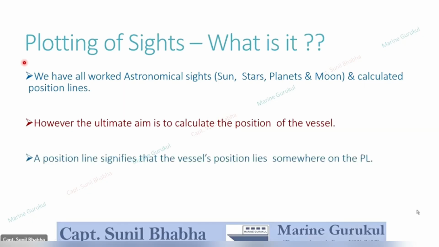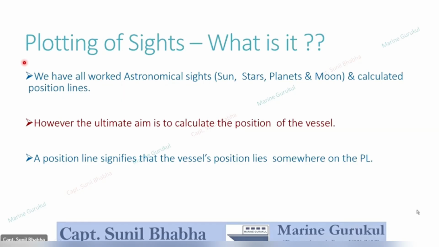If we have a position line, it just signifies that the vessel's position lies somewhere on that position line. It does not tell us where the vessel is right now. The position line could be running in dangerous waters, or it could be running in safe waters also. So just knowing a single position line does not help the navigator much.